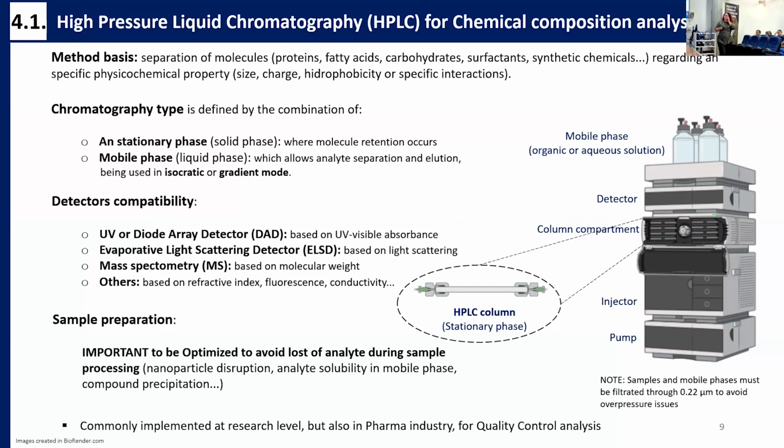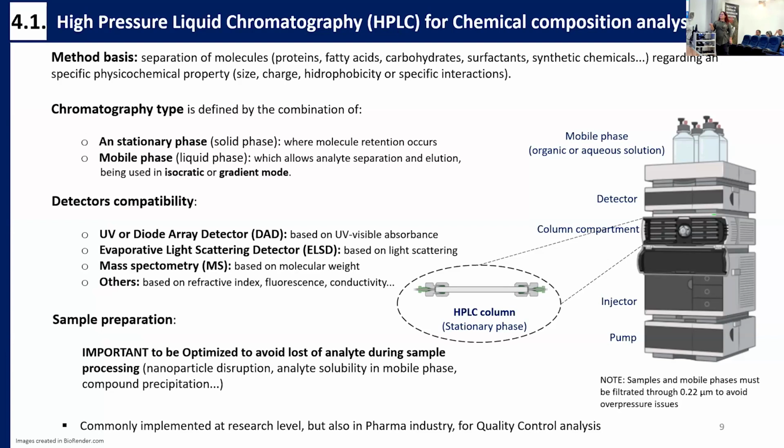And depending on specific applications, there are other detectors based on refractive index, fluorescence, or conductivity. We are not limited to using only one detector, but we can use several of them in tandem, and then we can analyze or detect our samples on different bases.